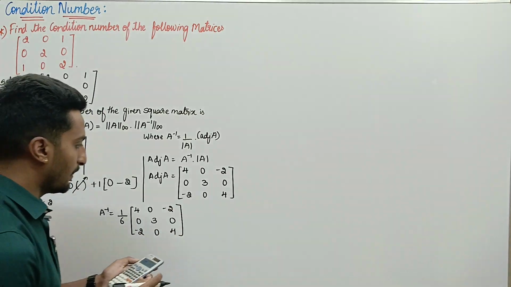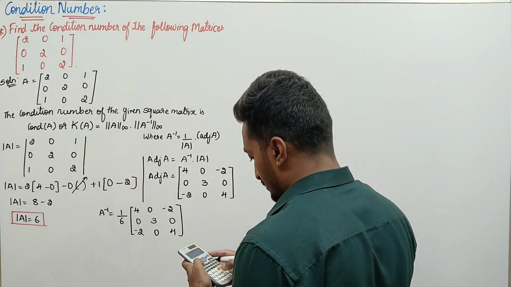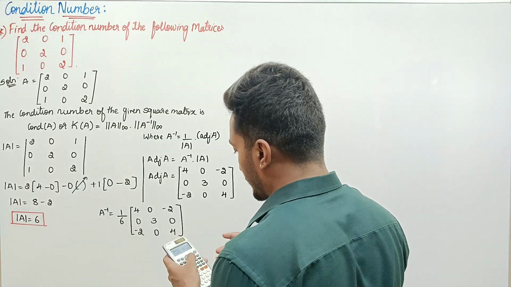Now multiply into 1 divided by 6. You get the values.